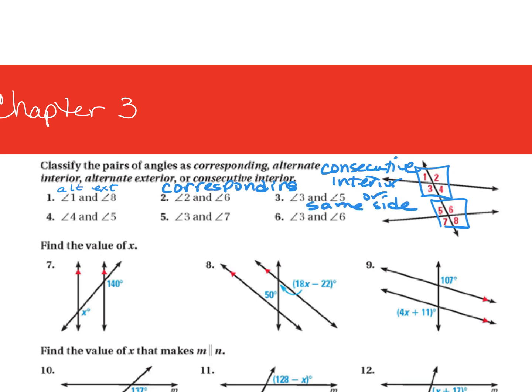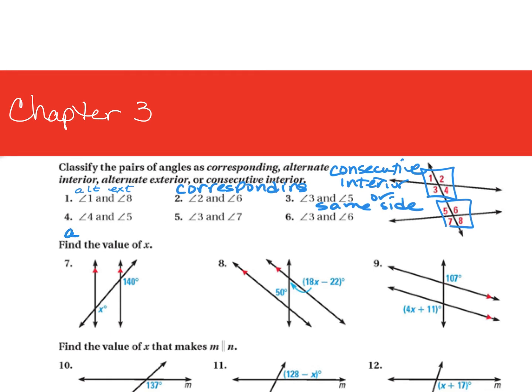And then 4 and 5, these are alternate interior. 3 and 7, corresponding. And then 3 and 6, alternate interior. Pretty good there? All right, now we're going to find the angle measures. So let's try that.